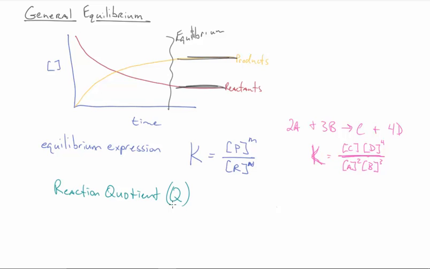And then only when our math tells us this ratio of products over reactants is equal to a very specific number can we say we are at equilibrium. So it's when Q equals K that we are at equilibrium. In all other instances, we are not at equilibrium. So if Q is greater than K or Q is less than K, we're not at equilibrium.